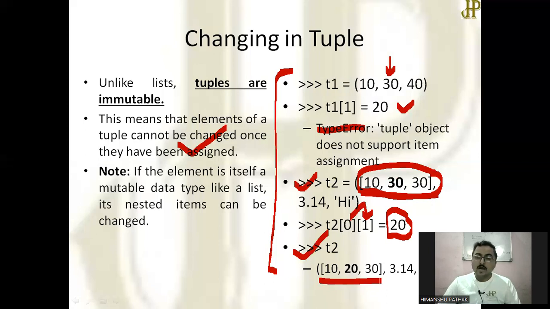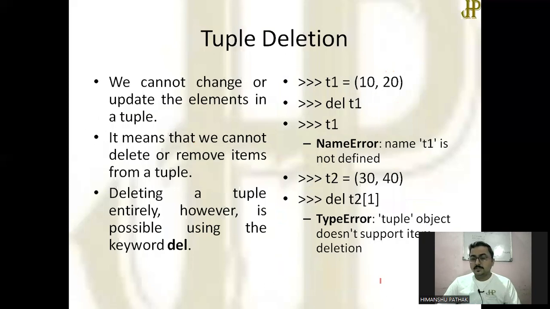Okay, so you have to be very careful. If a mutable object is inserted in a tuple as an element, then that value can be changed. Otherwise, not. Now, tuple deletion.